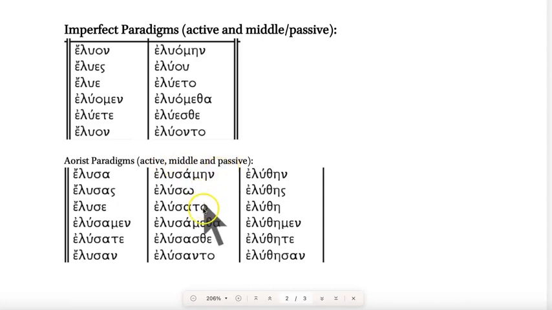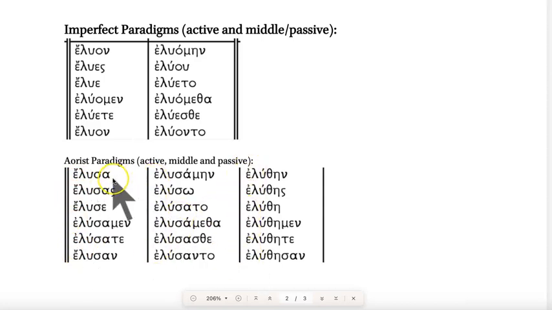And so for first aorist verbs, we've got a tense formative of a sigma alpha. You can see sigma alpha here. You can see sigma alpha there. And so for the active and middle, we've got the tense formative of a sigma alpha. Notice that we've got epsilons as the augment for each one of these.